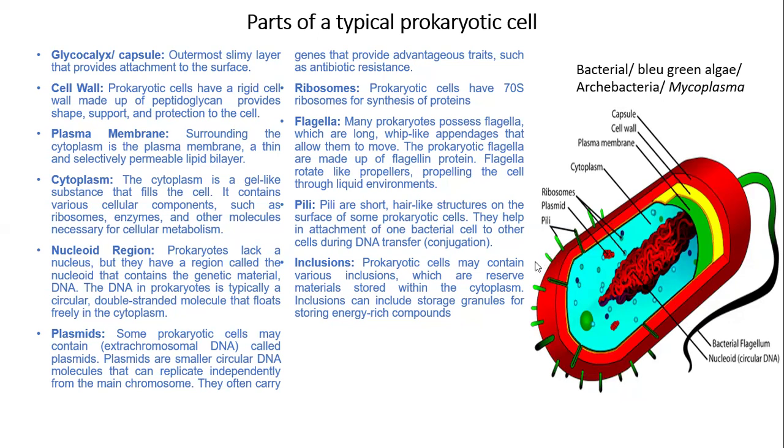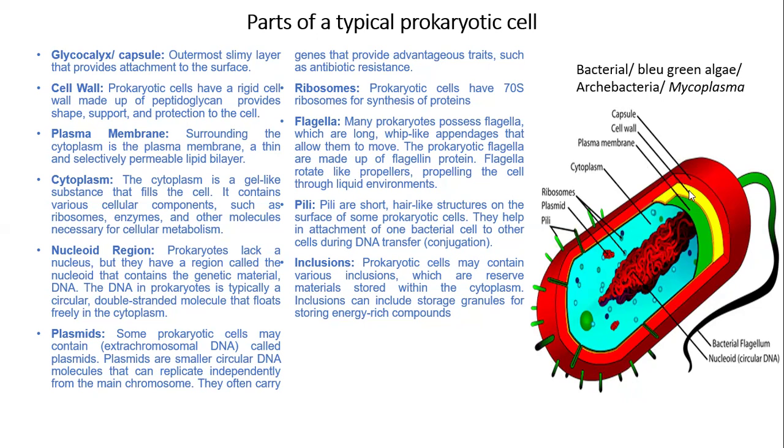A bacterial cell or a prokaryotic cell consists of its outermost covering as the capsule. The outer part of the bacteria is covered by the capsule, also known as glycocalyx, formed by a slimy substance that provides attachment to the substratum or the surface they live on. So the outermost non-living gel-like, slimy structure is known as glycocalyx or capsule.